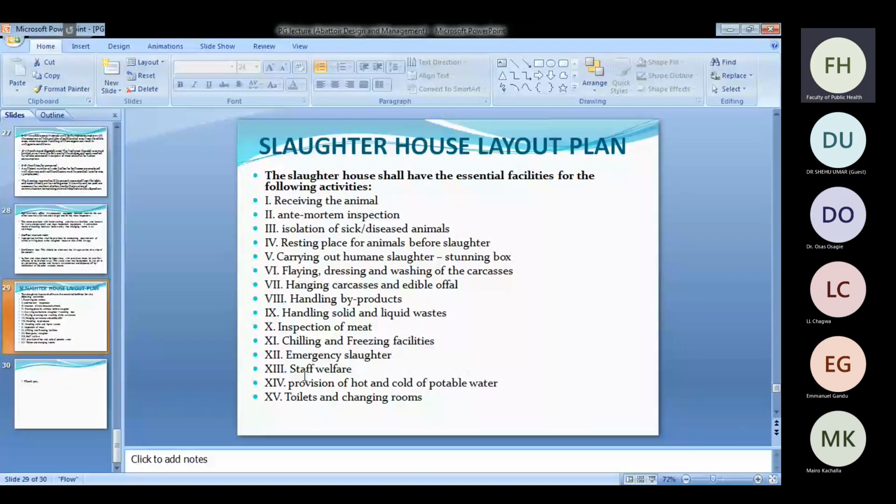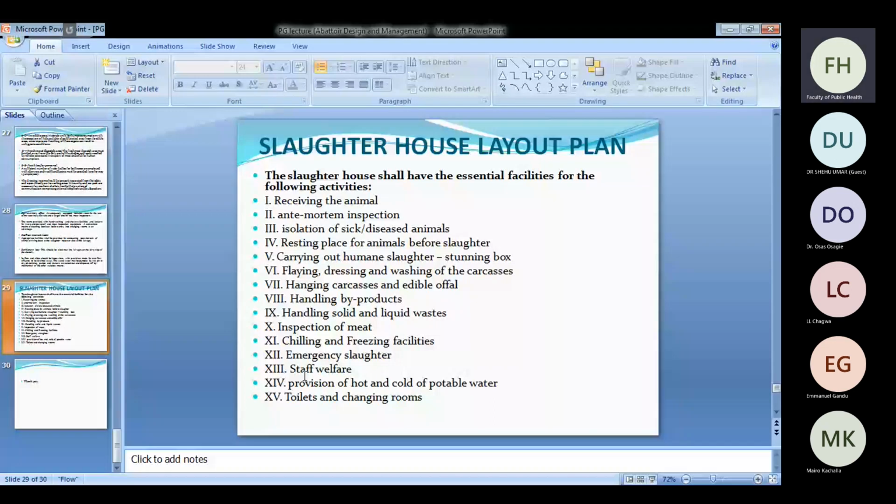Did you get the question very well? No, sir. So I'm saying, for your own experience as a vet, itemize the items in abattoir in your locality that are not obtainable, that are below the standard expected of our ideal abattoir.